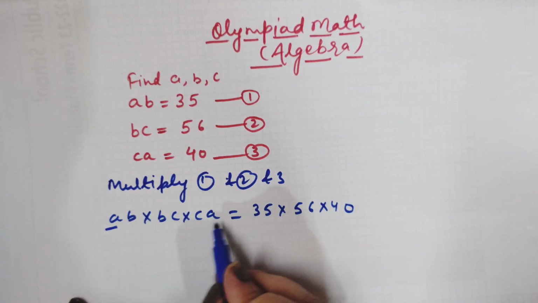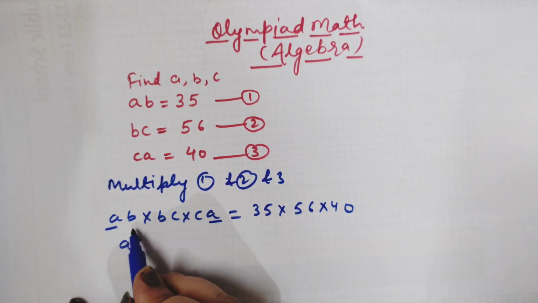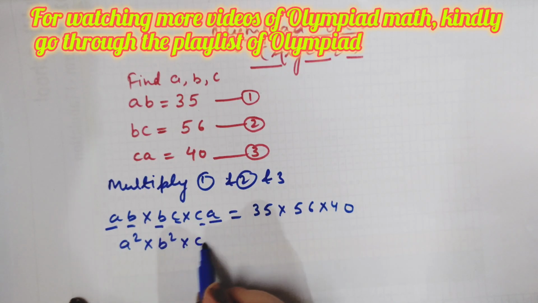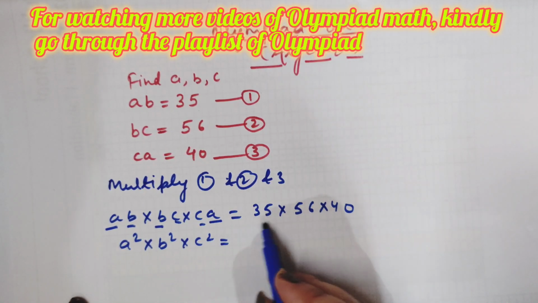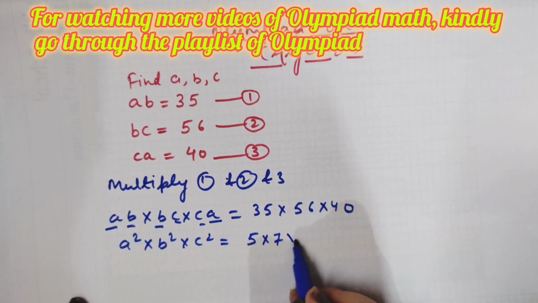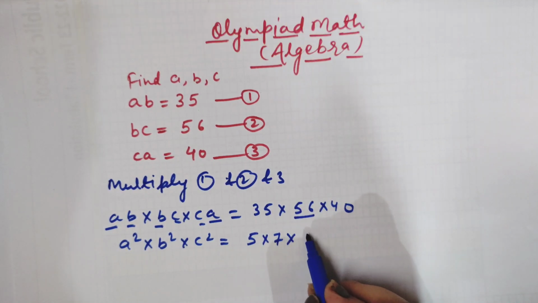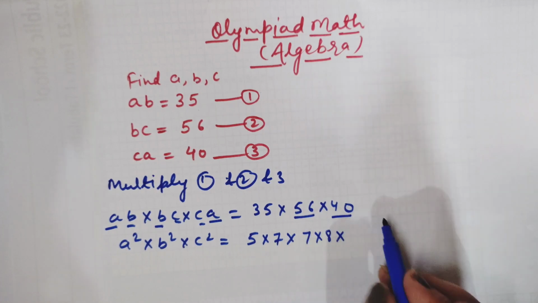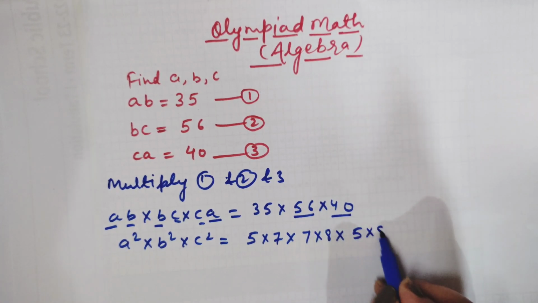Now you can see this A and A is A square, B and B is B square, and C and C is C square. And you can see here 35. We can write 35 as 5 into 7, and 56 as 7 into 8, and 40 as 5 into 8.